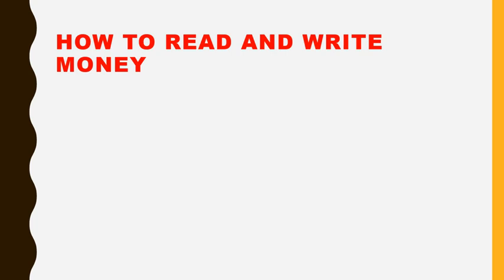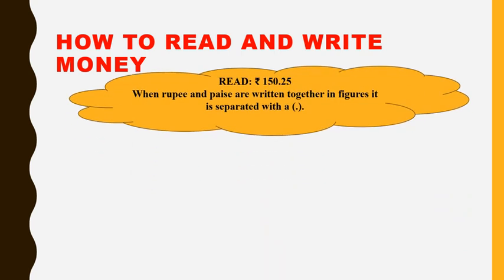Now let's do exercises on how to read and write money. Just now we learned how to read money. Now here the amount is given, rupees 150.25. How are we going to read it?